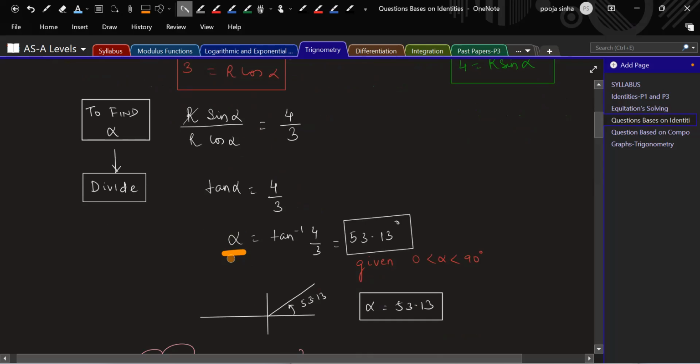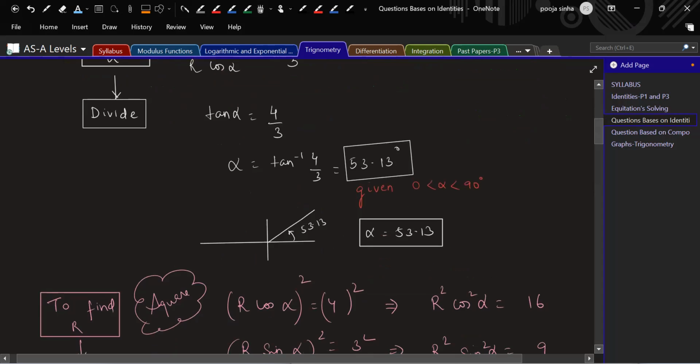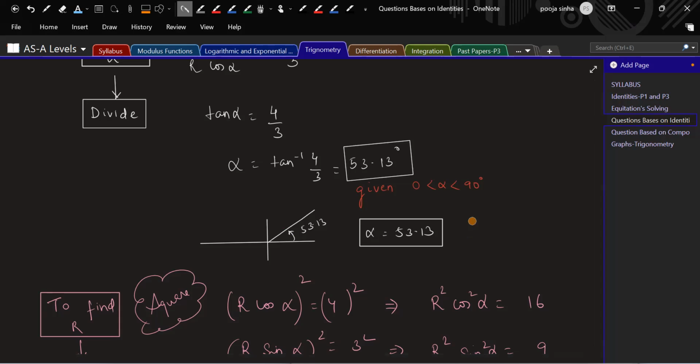You figure out what is the value of alpha. Tan inverse 4 by 3. You get 53.13 because the given range is 0 to 90 degree. So you figure out which angle. What angle? Which quadrant, which angle? Alpha की value निकल गई. It says 0 to 90, right?